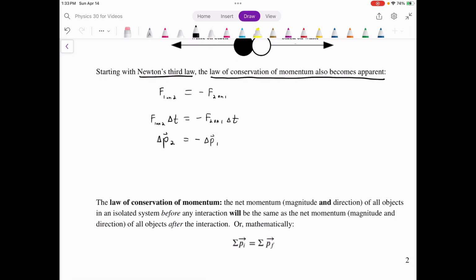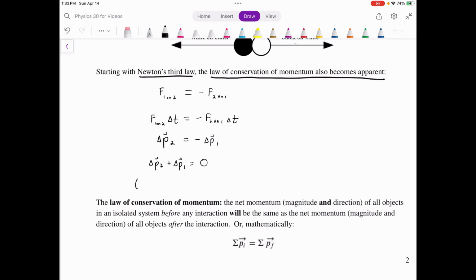Okay, let's take this a little step further though. I'm going to bring everything to one side. And here we go, really starting to look like the law of conservation of momentum now. Because look, we're saying that the change in this object's momentum plus the change in this object's momentum is 0. In other words, the total change in momentum is 0. Now, what is the change in momentum of object 2? Well, a change in anything is final minus initial, right?